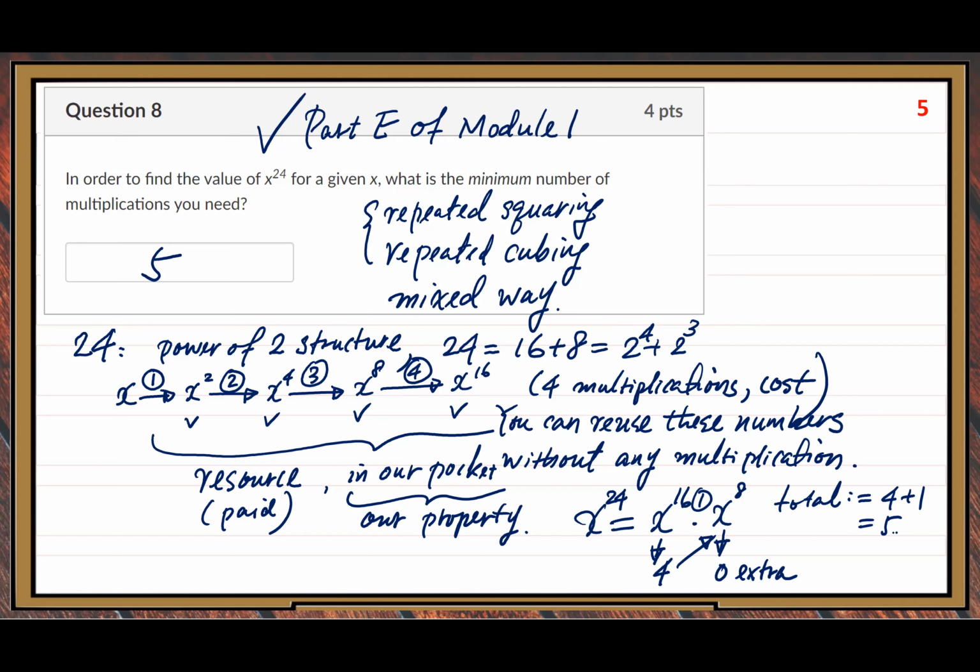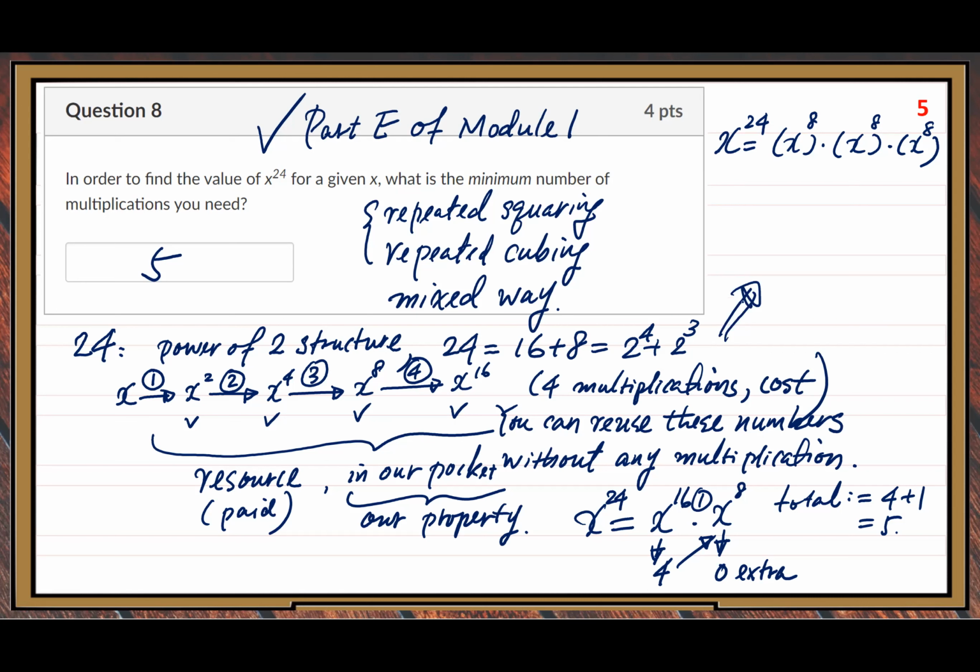Another one I'd like to show you is based on the cube structure. Because x to the 24th, obviously we can identify x to the 8th times x to the 8th times x to the 8th. For this structure, we use a similar argument from the previous solution.